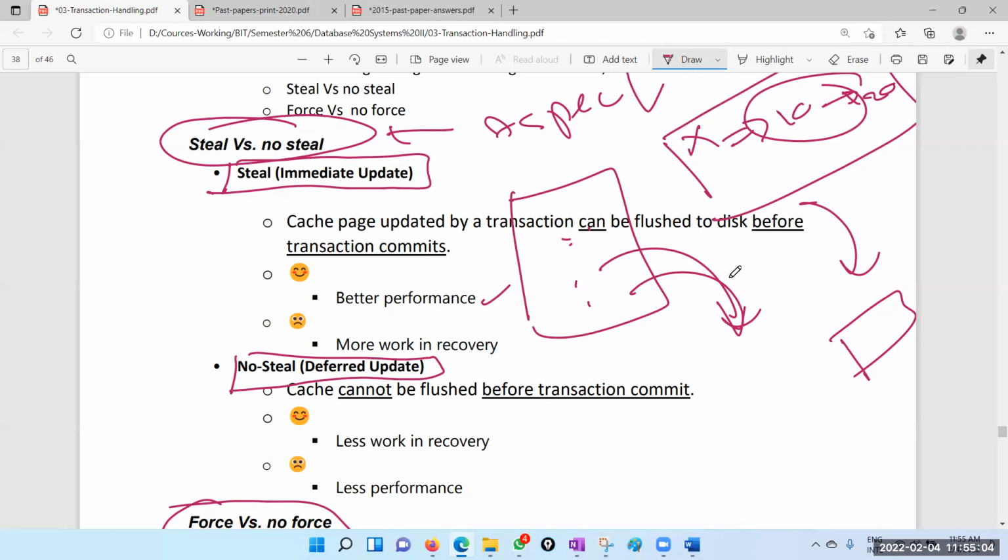When you recover, you take from that point to recover. Therefore, stealing makes recovery difficult, but it makes the performance better. No steal means your recovery is easier because only committed data is in the files, but performance-wise it is not good because you keep delaying things.